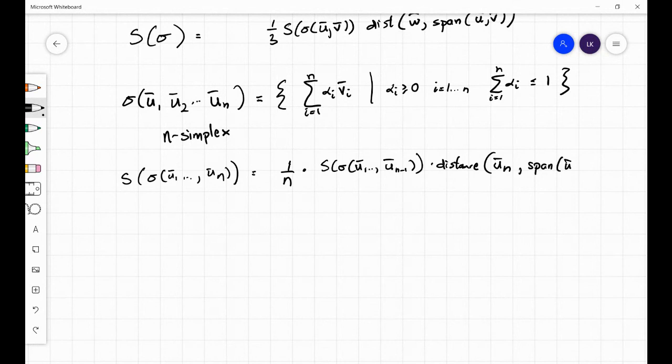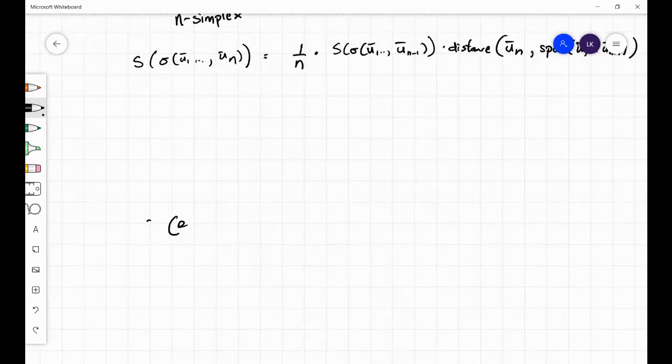So this gives us a very formal way of defining it.